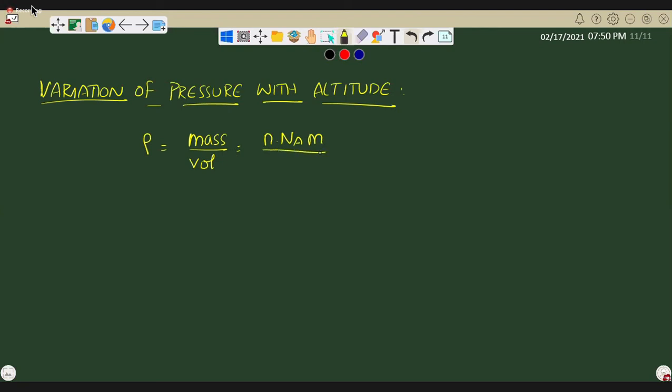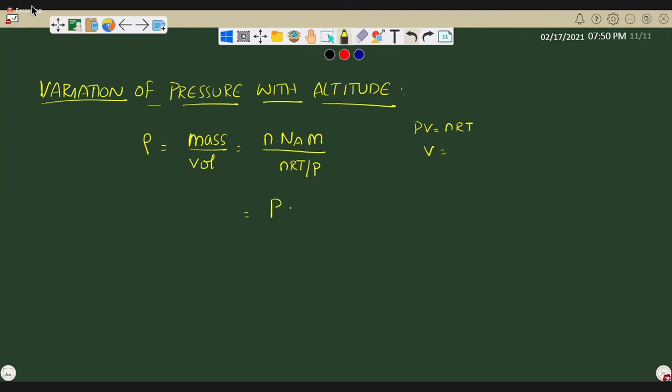I know PV is equal to nRT, so V is nRT by P. N gets cancelled, and R by N_A is the Boltzmann constant.